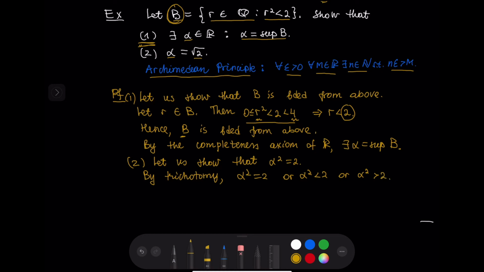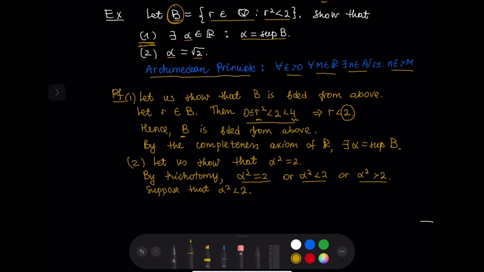So only one of these three possibilities holds. Our strategy is going to be the following. We are going to assume that alpha squared is less than 2 and get a contradiction. And then we will assume that alpha squared is greater than 2 and we'll get a contradiction. And then we will conclude that alpha squared is equal to 2. Okay, so suppose that alpha squared is less than 2.